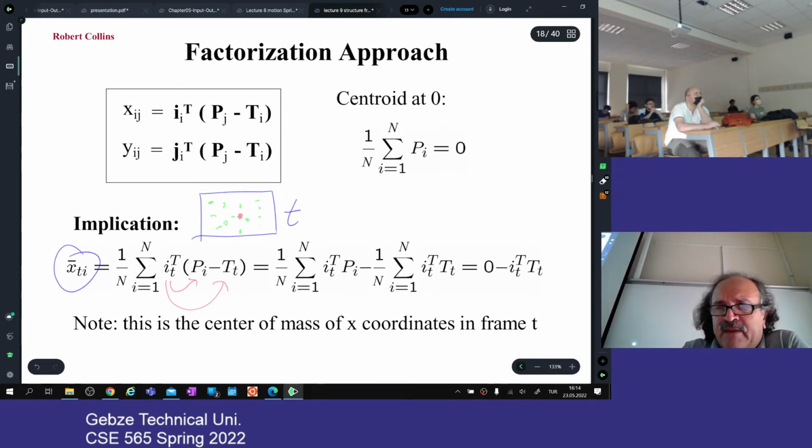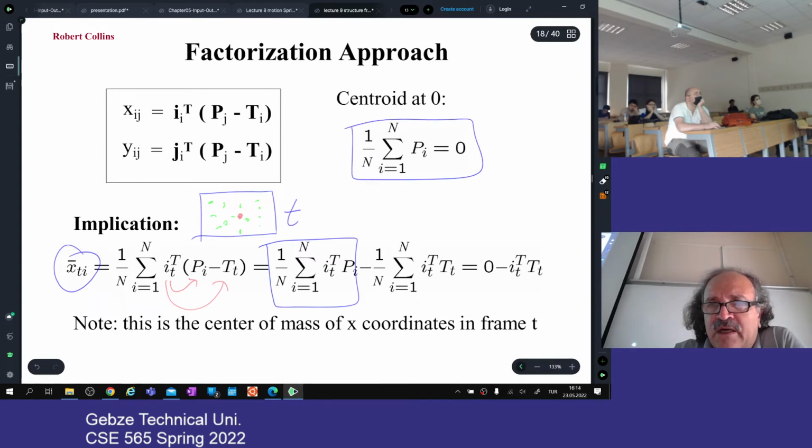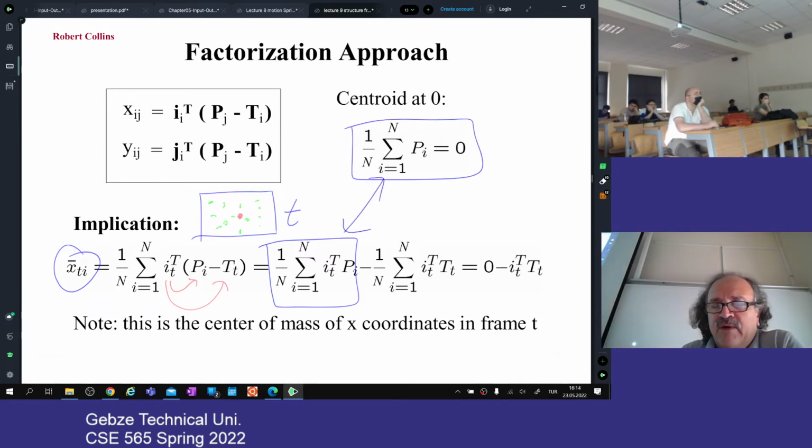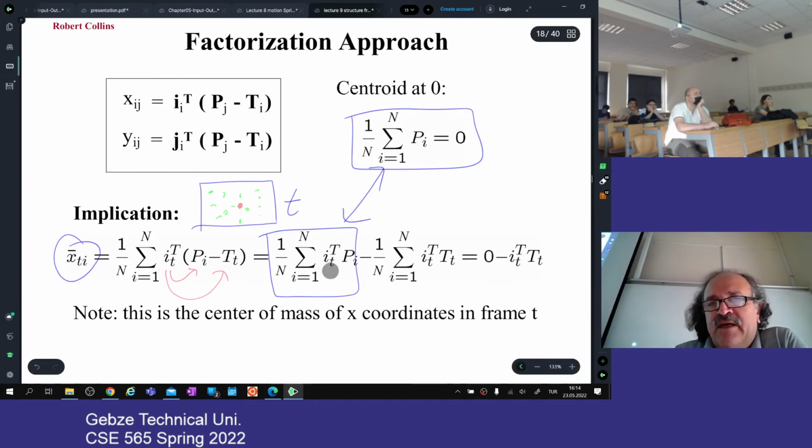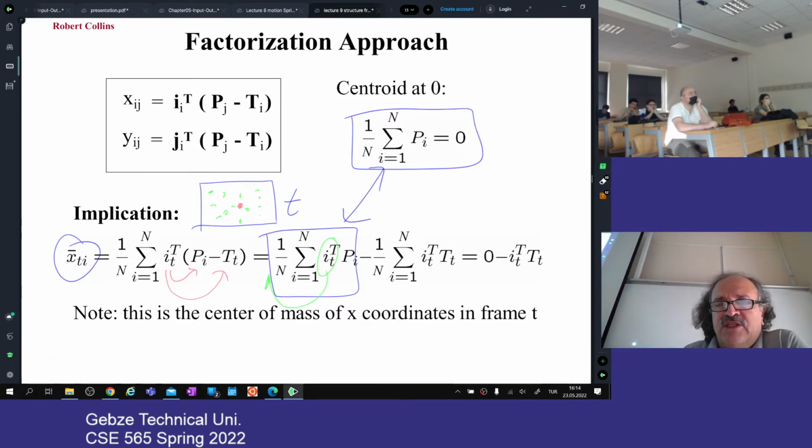Okay? I know that this one is 0. How do I know that? Because I assumed it so. Right? Why? Because, well, you might say that there is an I_t in here, but I can take the I_t out, right? Take the I_t out, and all those additions are going to make me 0.